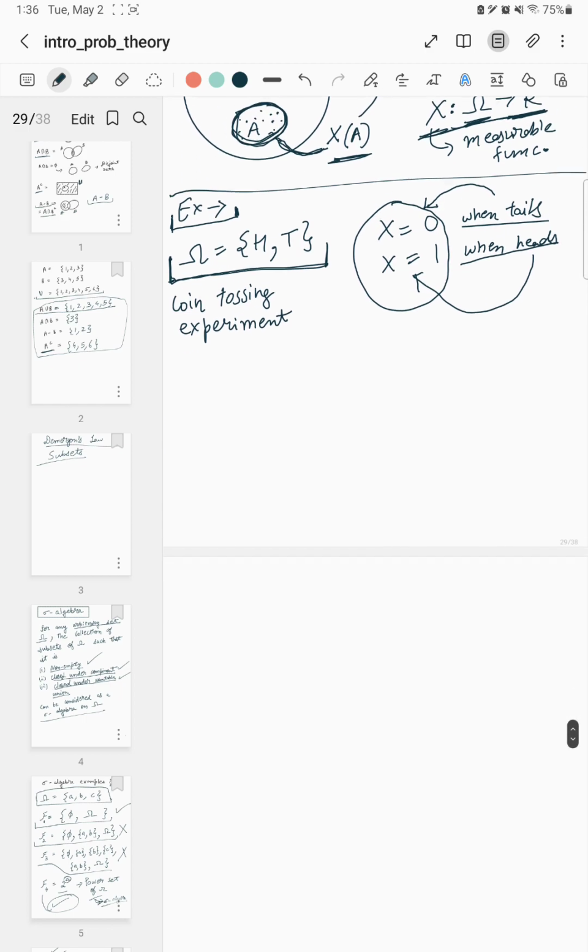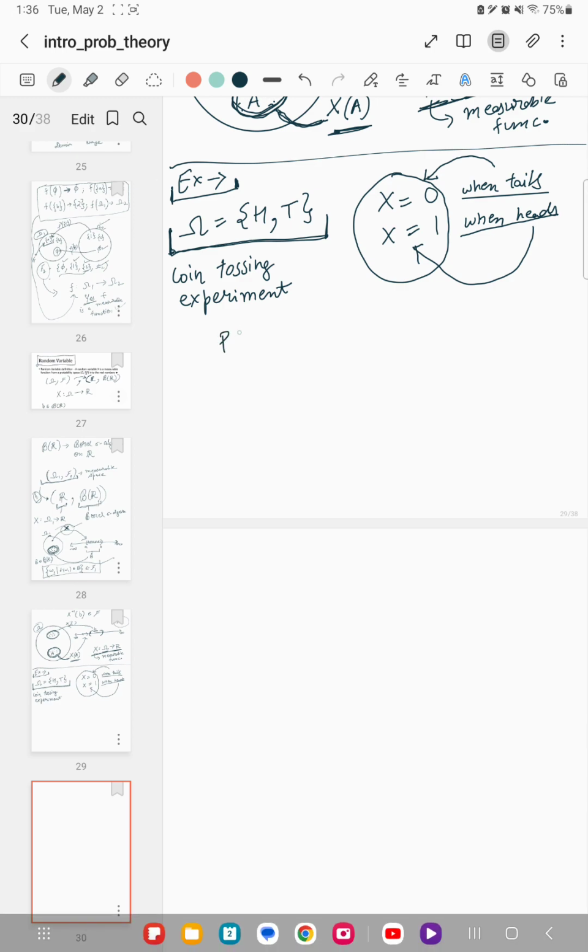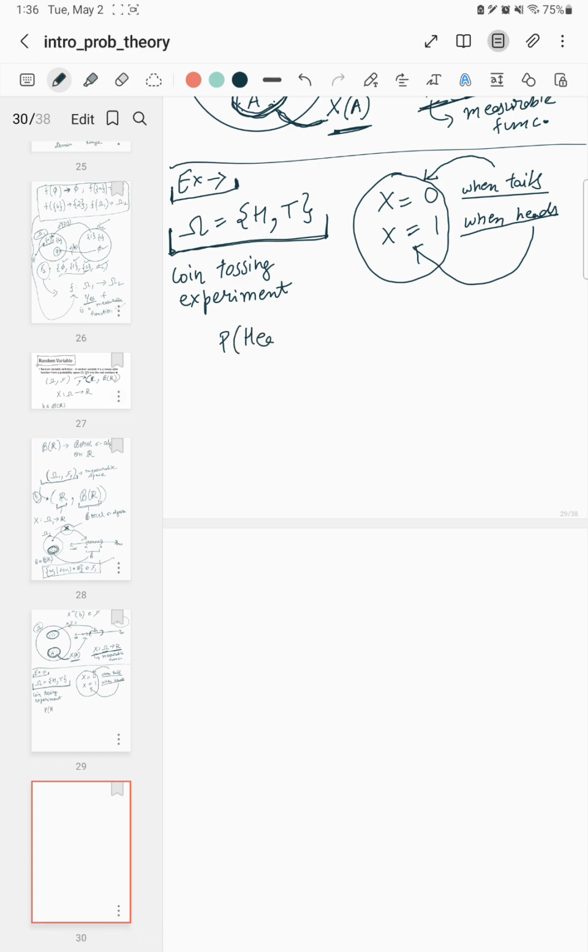Let's start by first forming a probability space, and also let's make the coin unfair. Let's say the probability of getting heads is 0.6, and the probability of getting tails is 0.4. So it's an unfair coin tossing experiment.